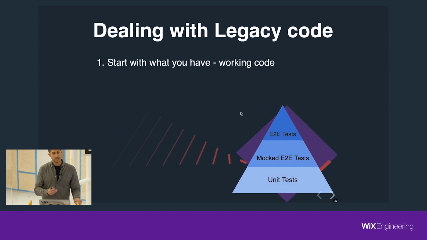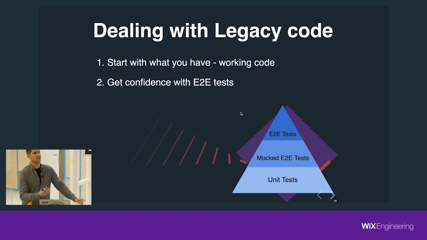So first, how do I deal with legacy code? I start with what I have. I have in my hands working code, code that is actually doing the work. So first, I get confident with E2E tests. I try to wrap this working code with as many E2E tests as I can, in order to get confidence to change stuff, not to be afraid to change stuff.